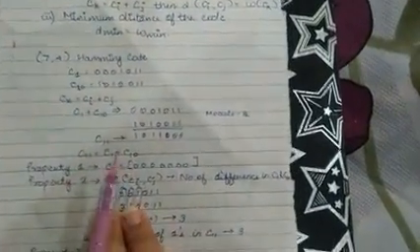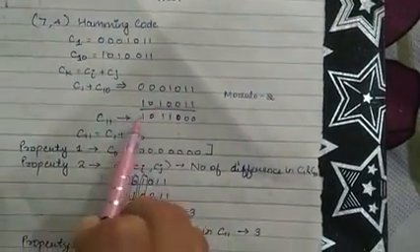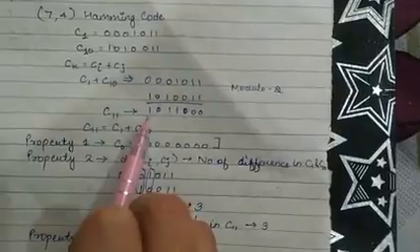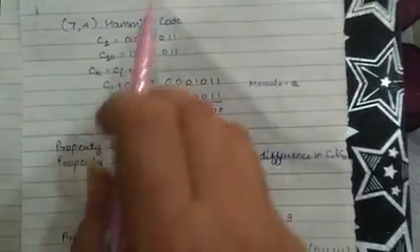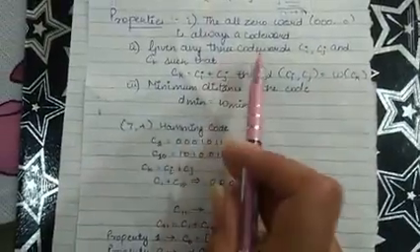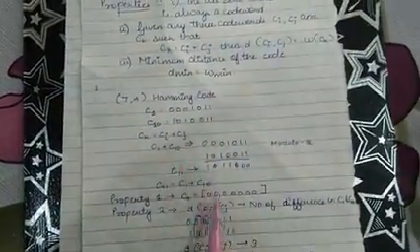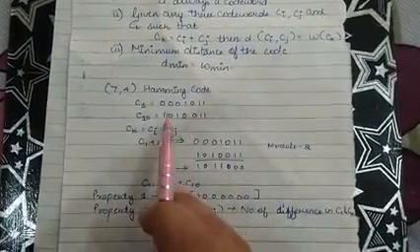So when I add two of the code words, I get a third word which is also a code word. The result is a code word, so I can say that this satisfies my property. You can check it using any two code words, adding C2 and C10, or C13 and C5, any random two code words.